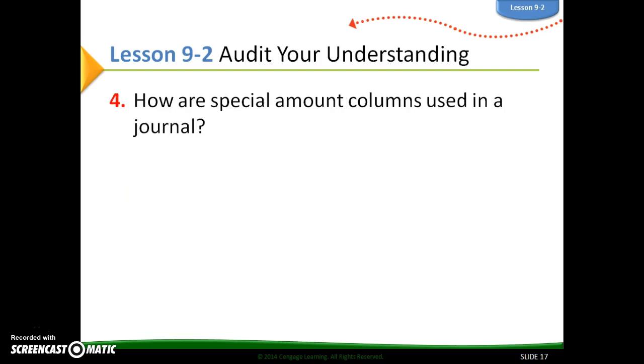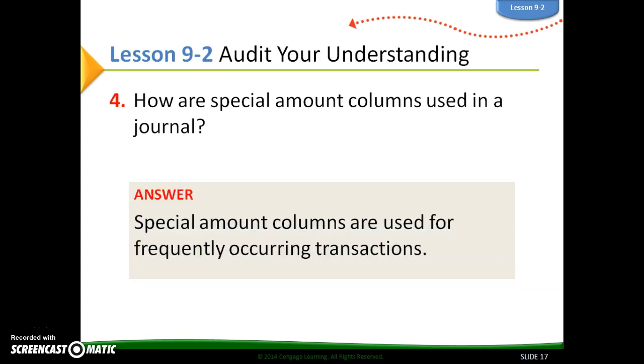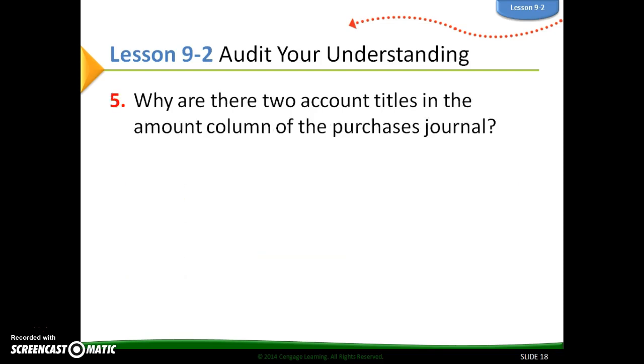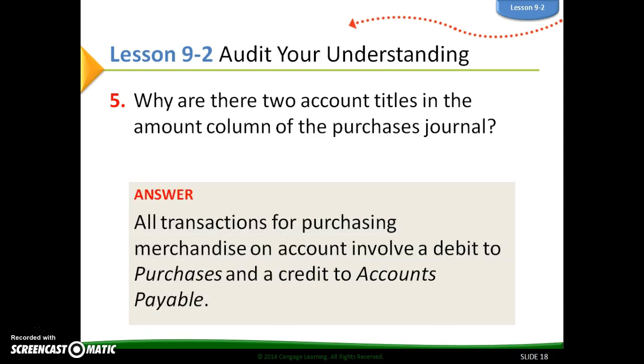All right, how are special amount columns used in a journal? How do we use those? Any of those frequently occurring transactions, that's what we put there. Why are there 2 account titles in the account column of a purchases journal? All transactions for purchasing merchandise on account involve a debit to purchases and a credit to accounts payable.